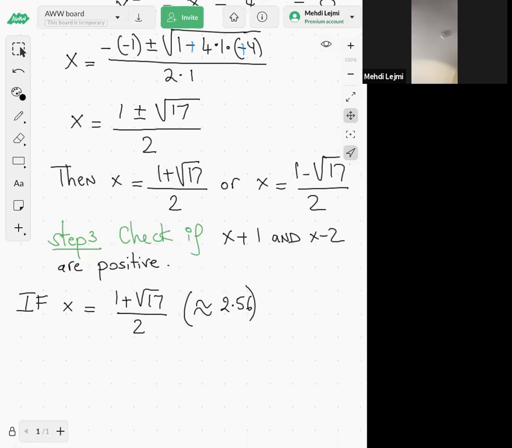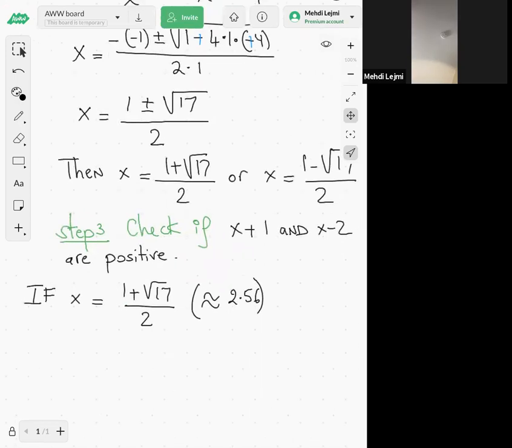Well, yes. With 2.56, 2.56 plus 1 and 2.56 minus 2, both are positive.